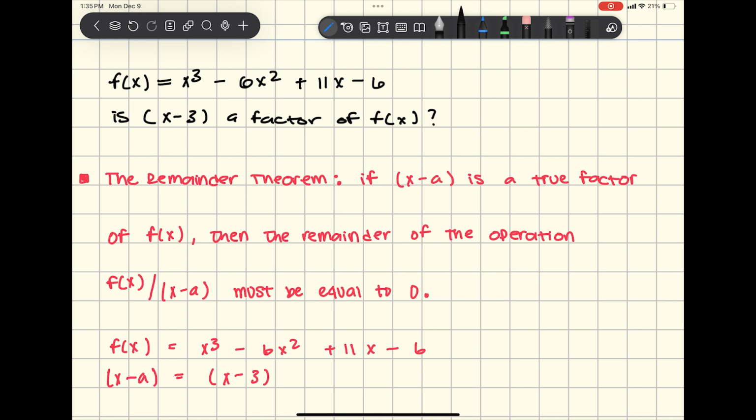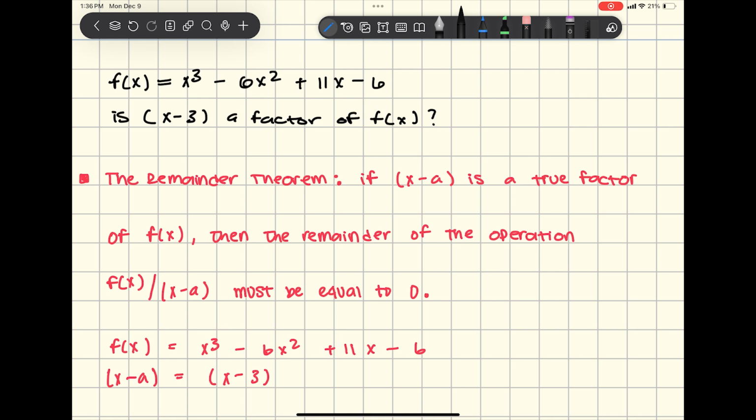So, if x minus a, which is the factor in question, is a true factor of f of x, then the remainder of the operation f of x divided by x minus a must be equal to 0. So in this case, again, f of x is equal to x cubed minus 6x squared plus 11x minus 6.